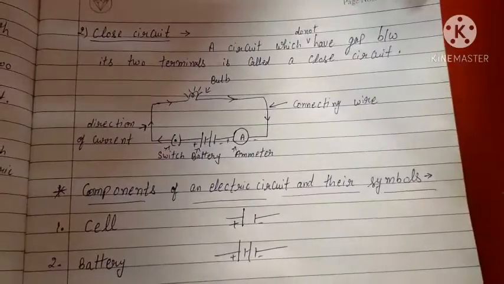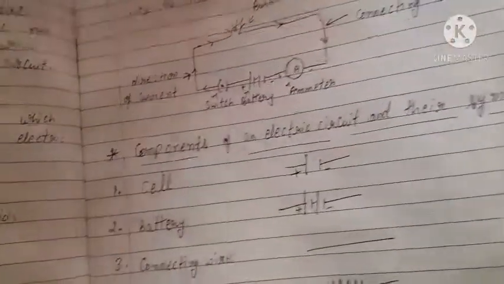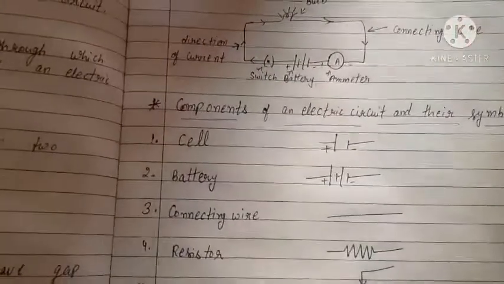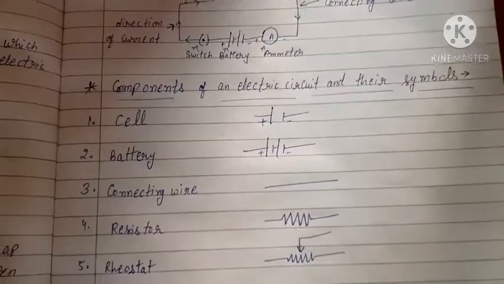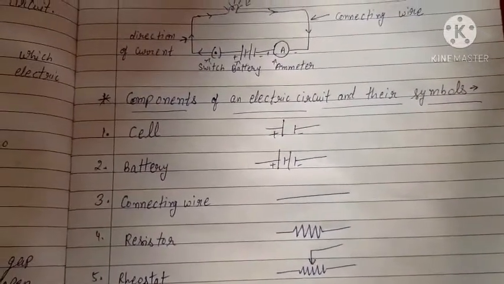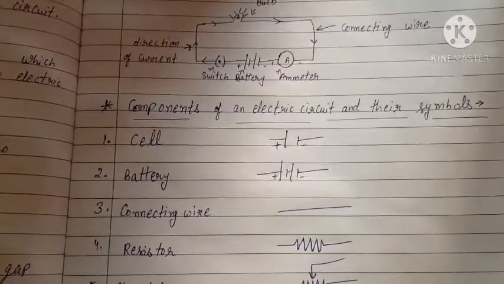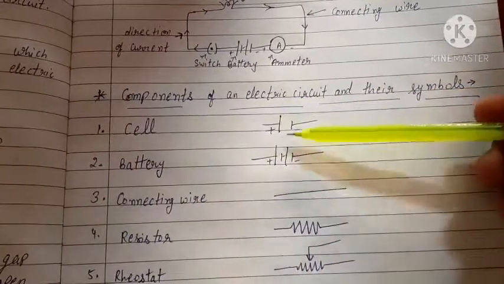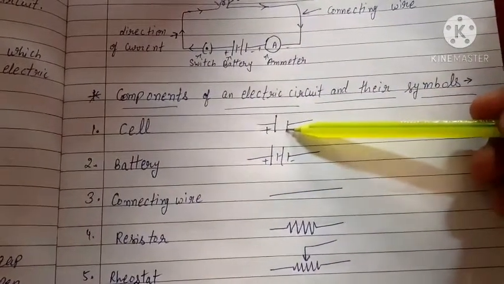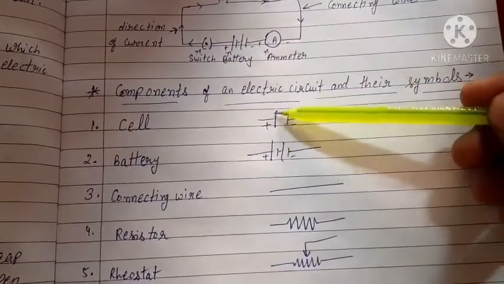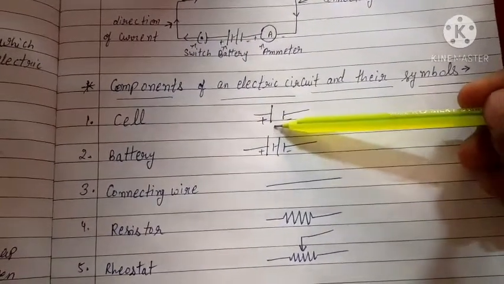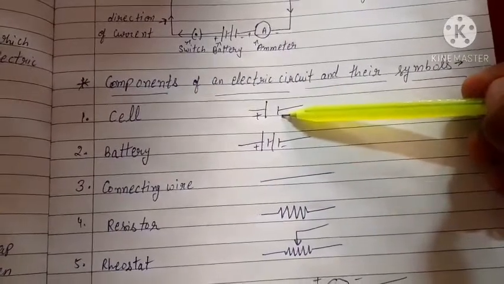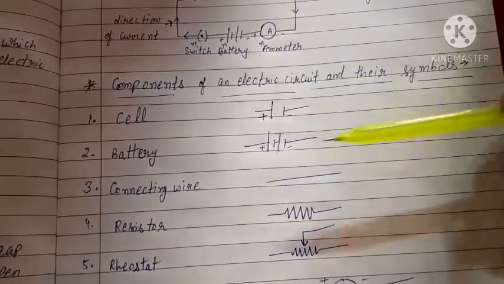Now let's talk about the components of the electric circuit and their symbols. There are various components of the electric circuit. Now we are going to talk about some basic and important symbols. Number one is cell. Cell can be drawn like this. That means one longer line and one shorter line. The longer line will represent the positive terminal and the shorter line will represent the negative terminal.